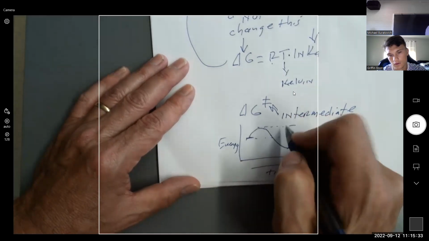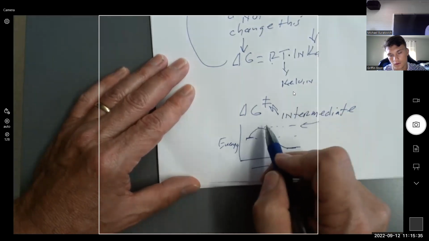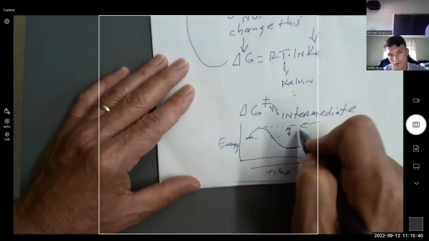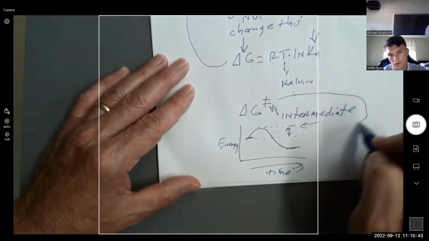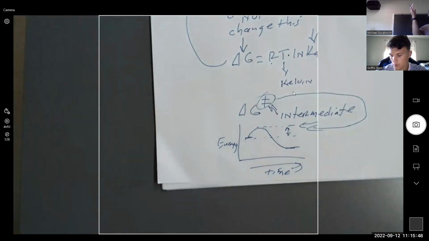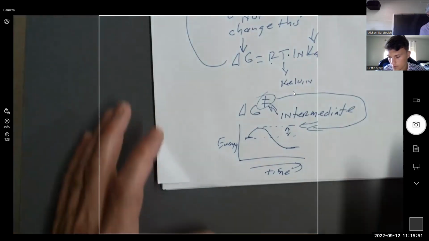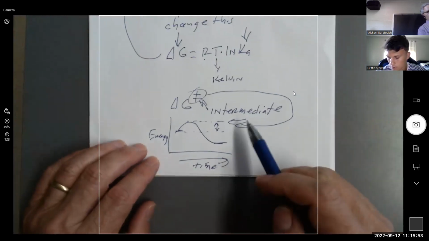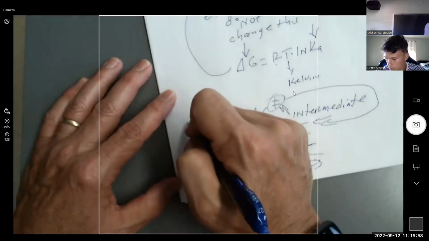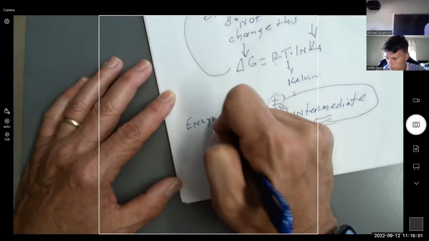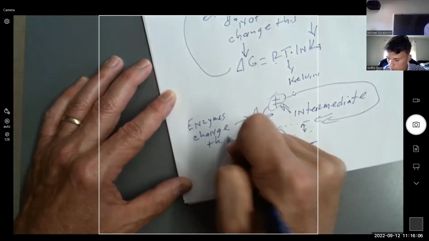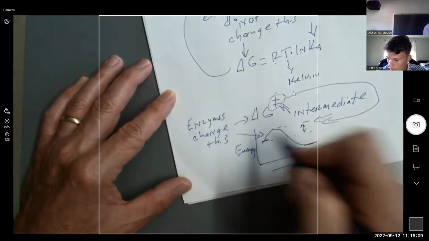So the difference between this transition point and here, that's the so-called G sub double star. And I don't know why they do that, but they just do. Why not call it TS, transition state? They call it what they call it. And I know it confuses the daylights out of people, but that's what enzymes change.